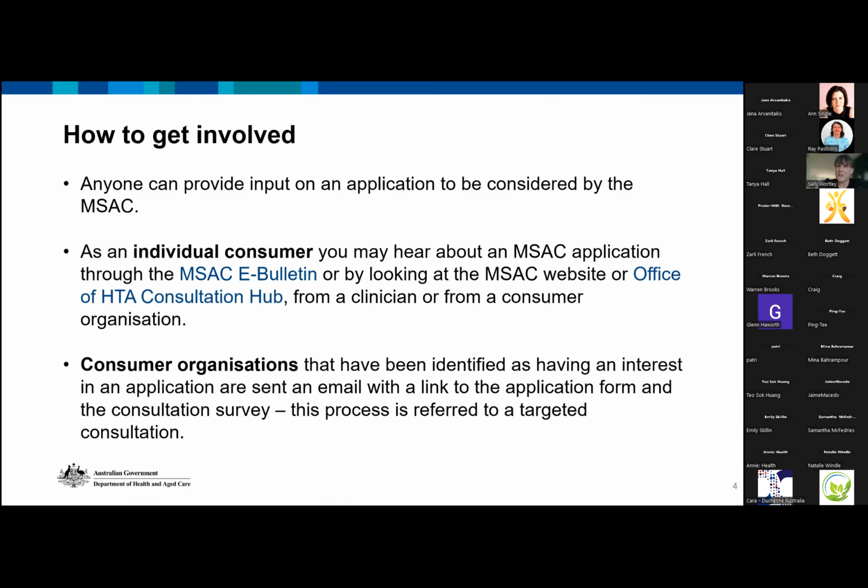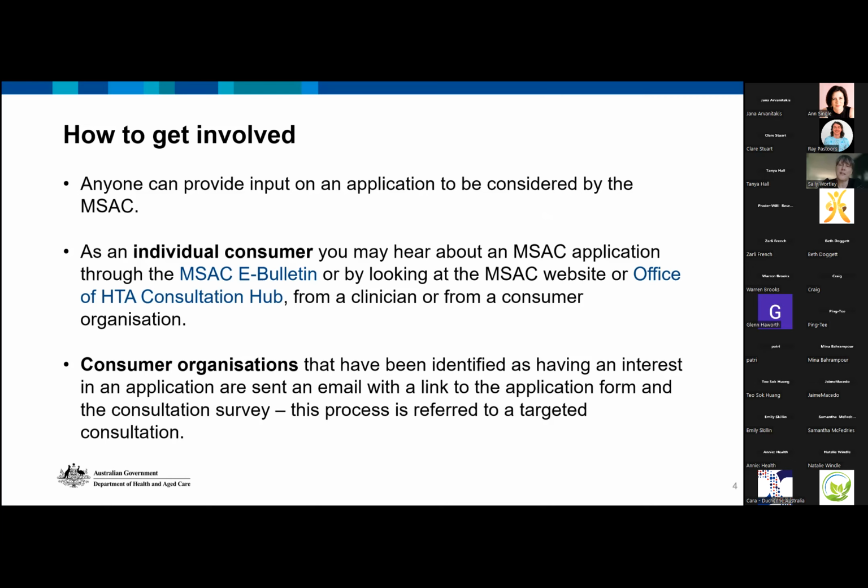Consumer organisations may also hear equally through these different methods, but they may also receive an email from the department, specifically from our unit, if they've been identified as having an interest in an application. And if they are, then we send them a link to the application form and the consultation survey.